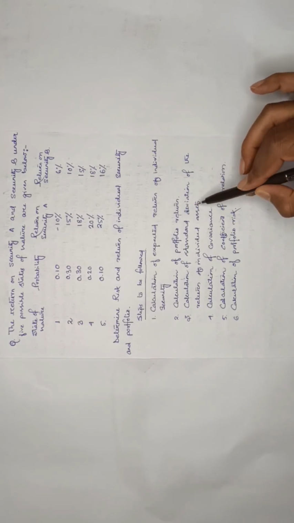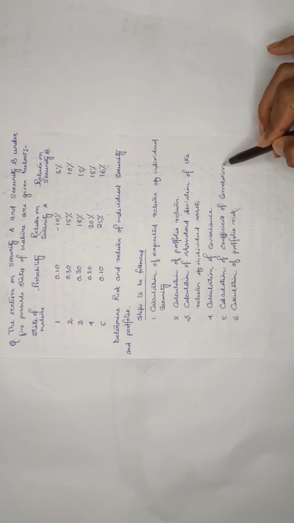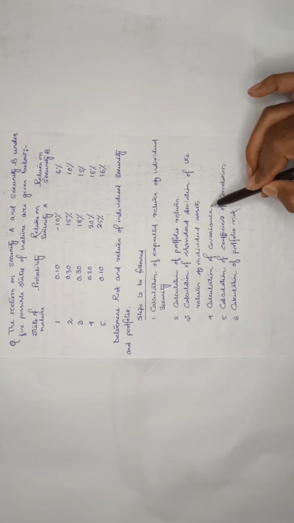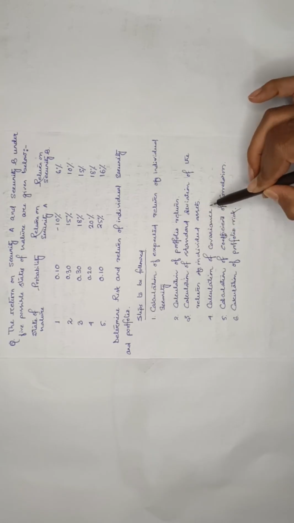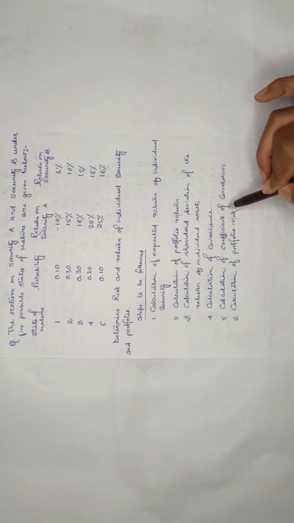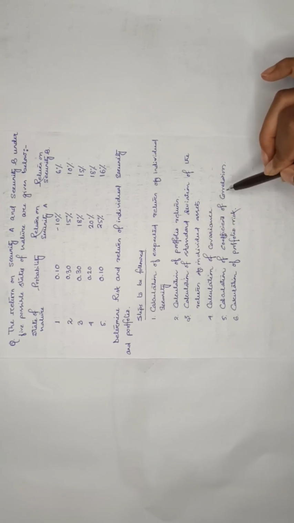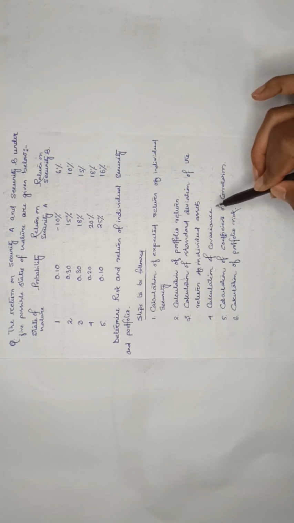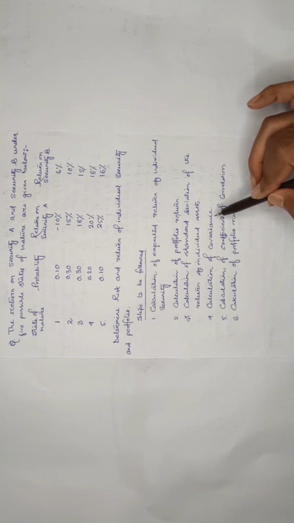Once you have calculated the standard deviation, then you need to calculate the covariance. Covariance is not required by itself, I need the coefficient of correlation, but in order to calculate the coefficient of correlation, I need to know the covariance.